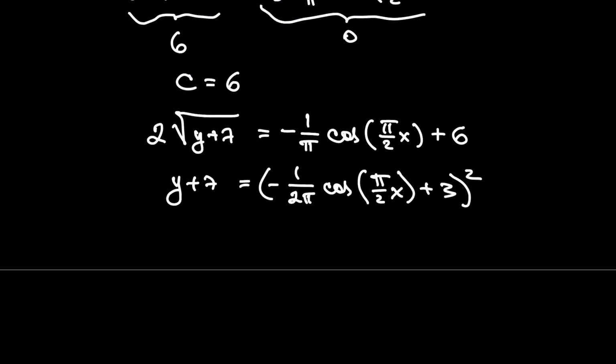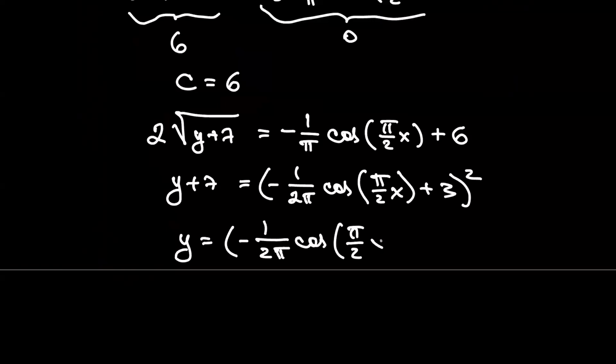And so finally, we just need to subtract 7, which gives us y equals negative 1 over 2 pi cosine pi over 2 x plus 3, all squared, minus 7. So this is the particular solution to that differential equation.